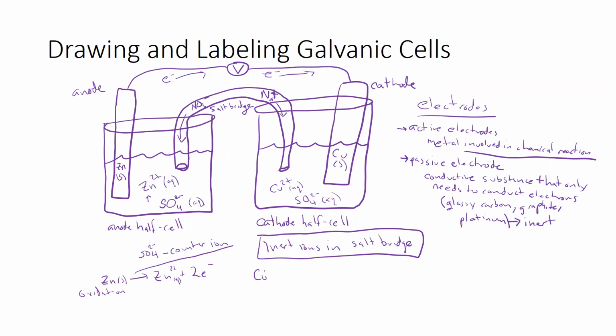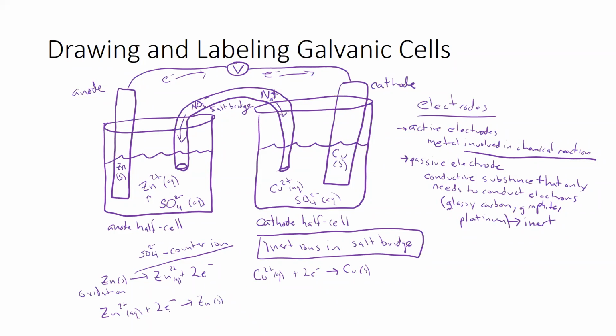And so that would be where copper 2 plus aqueous plus 2 electrons reacts to form copper solid. But we know we can flip reactions around. We can look at the zinc 2 plus plus 2 electrons going to form zinc solid.